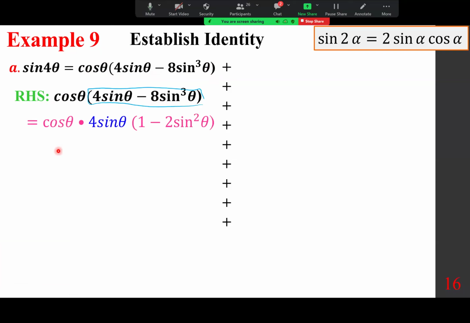So what is this? This one is 4 sine theta cosine theta. If 2 sine theta cosine theta is sine 2 theta, then this must be 2 sine 2 theta. And as you know, 1 minus 2 sine squared is cosine of 2 theta.